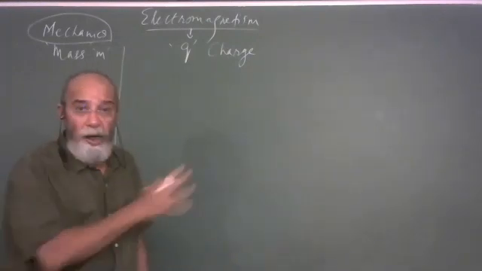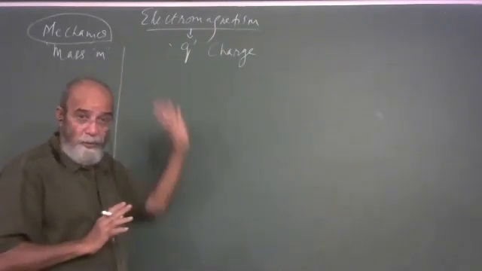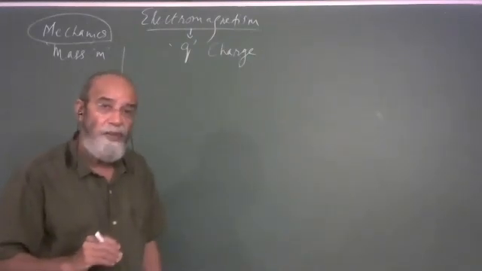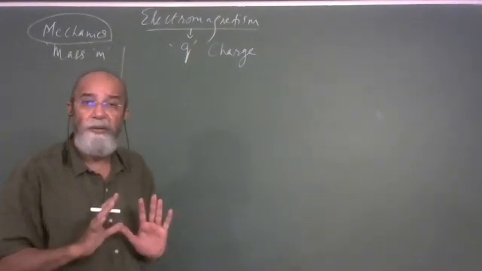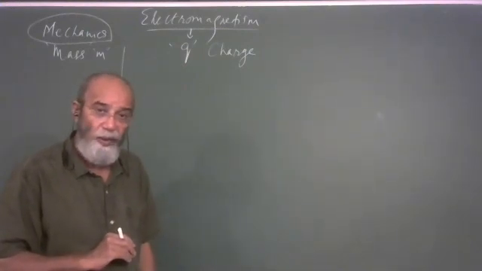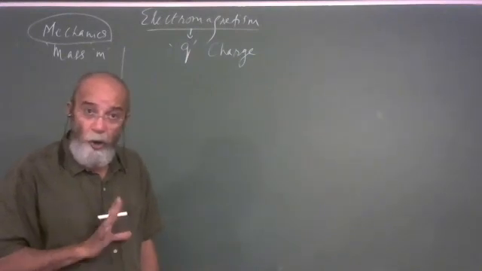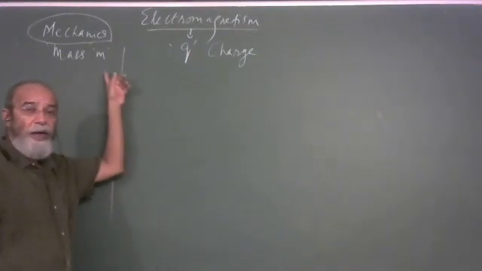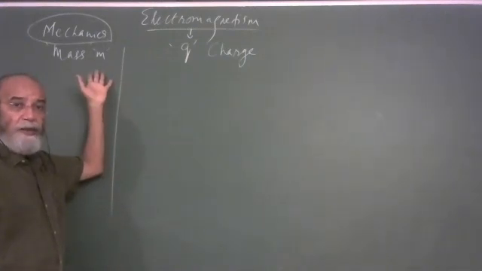Similarly, along with mass, there's another property, charge. You cannot get rid of charge. It is intrinsic. So when I took the rigid body or a particle in mechanics, I only spoke about mass.